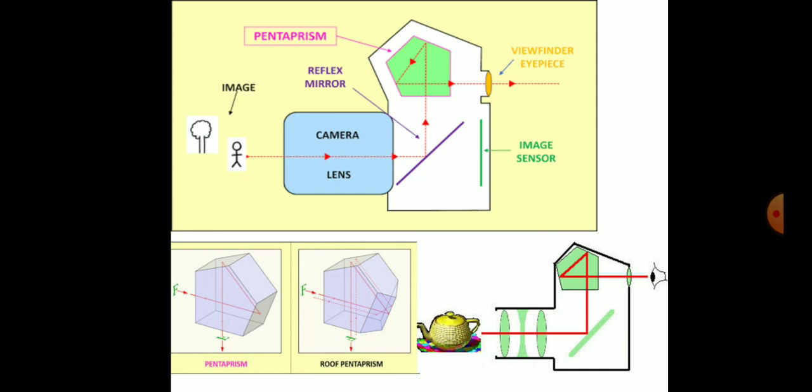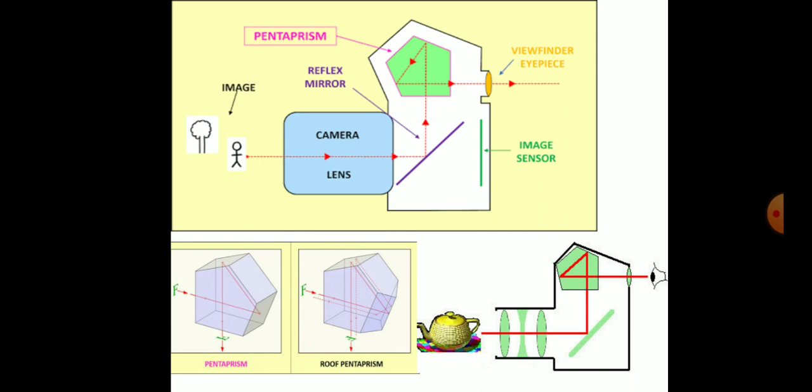The lens is somewhat below, or in the center of the camera, and the eyepiece is up above. Then how can we observe what the lens is observing? So through the lens, how we can clearly see the difference.